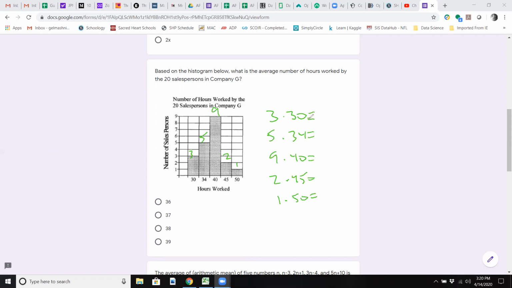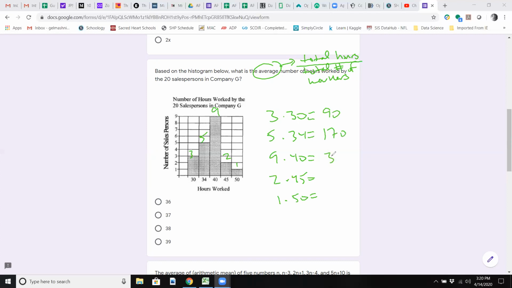So what you're trying to do is, when you're trying to find the average, it's going to be the total hours divided by the total number of workers. So you first have to figure out the total number of hours that were worked. So that's 90 and 170.